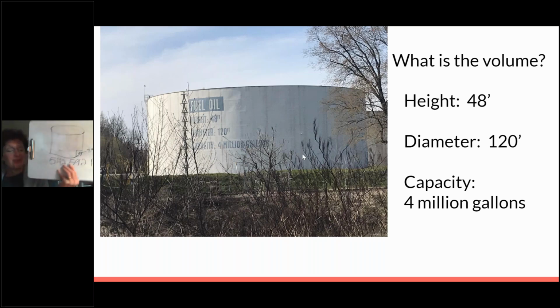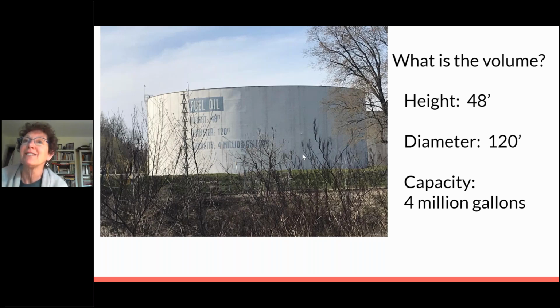So if you put gas in your car, it is likely that it came through one of these huge tanks in the Cuyahoga Valley. It gets brought in on tankers or on railway cars. They transfer it to these fuel tanks, and then it goes out to the gas stations. We have a good supply of gasoline in the area.